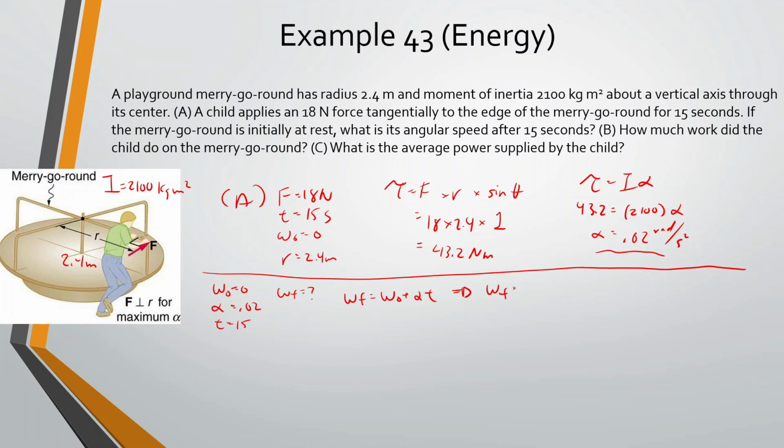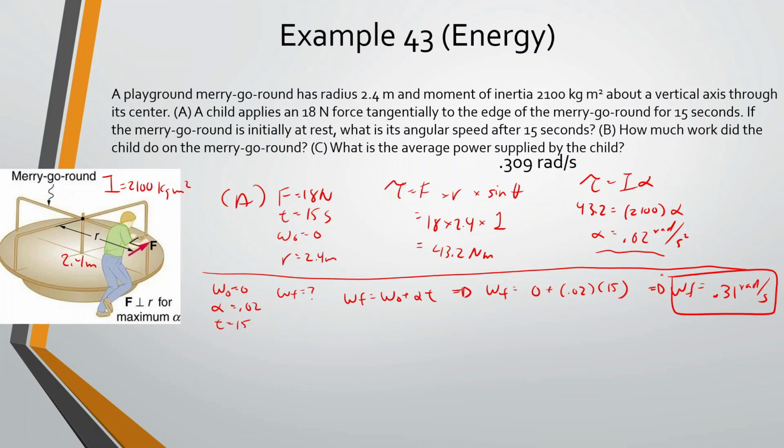So omega final is equal to 0 plus 0.02 times 15, which gives 0.31 radians per second. Okay. So not really anything to do with energy or work.